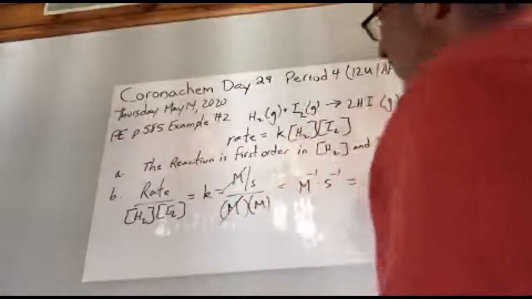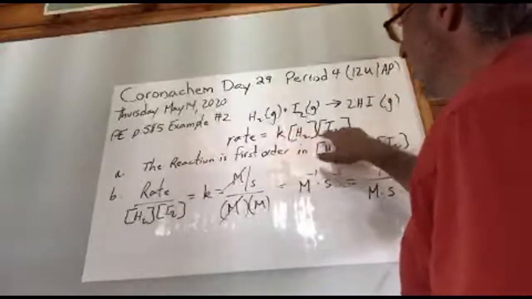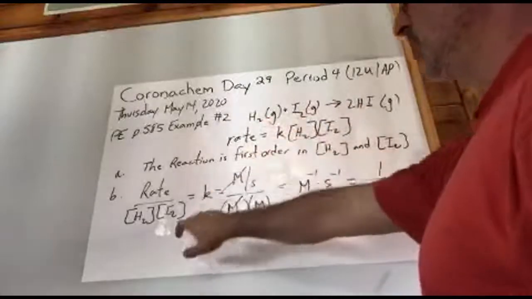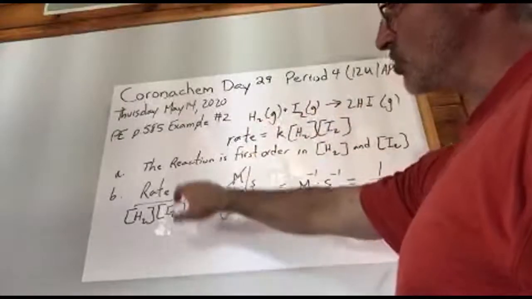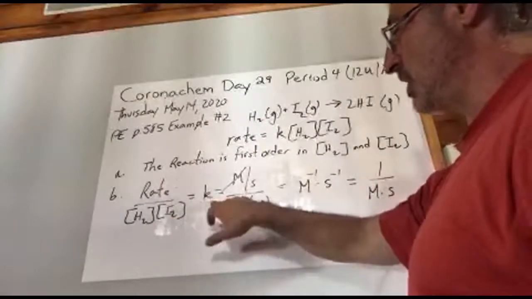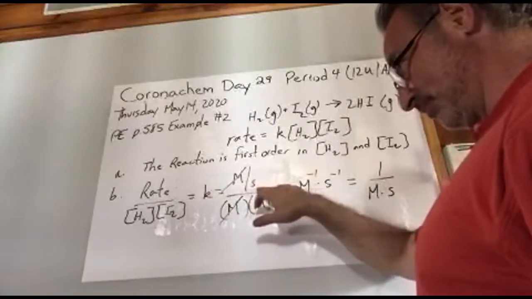Then if you want to find the units of the rate constant, what you do is you divide both sides by H2 and I2 so that you isolate k. That's what I did here. So the rate divided by H2 concentration divided by I2 concentration equals k. The units of the rate are molarity per second.